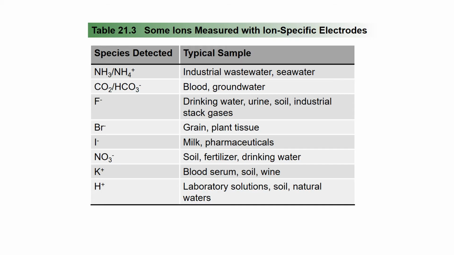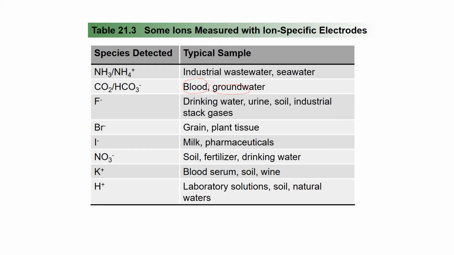We have different kinds of ions that can be detected by specific electrodes. These are the anions, some are cations, and where they are basically found. You can measure CO2 in blood or water.